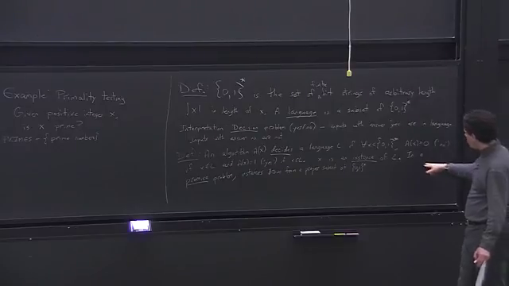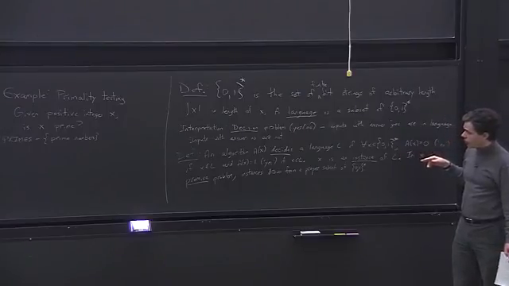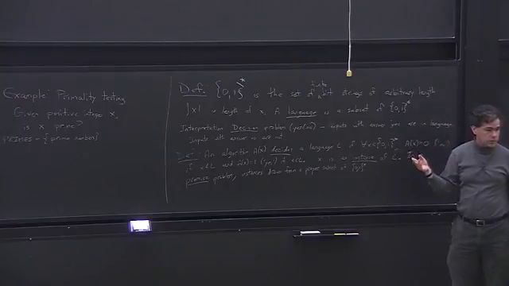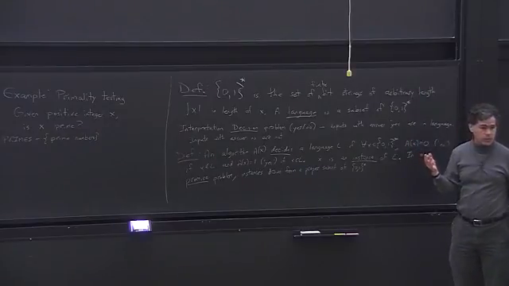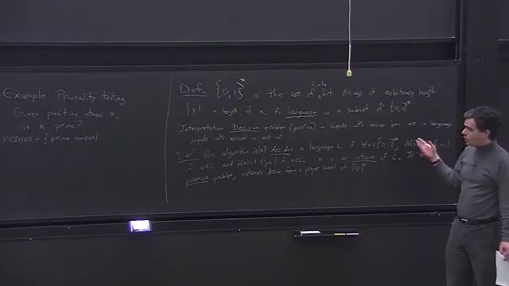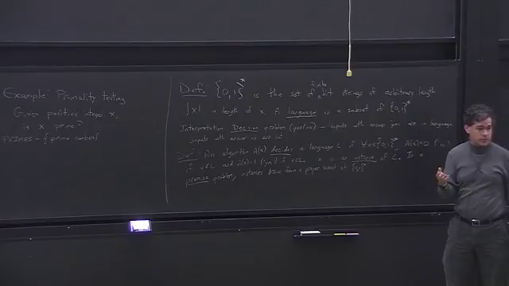So maybe a very brief example of a promise problem. Later on, we'll be talking about factoring. It's an important problem. It doesn't have to be a promise problem either. But one special case of factoring that we're interested in is factoring numbers which are a product of two primes. And there you do have a promise, right?